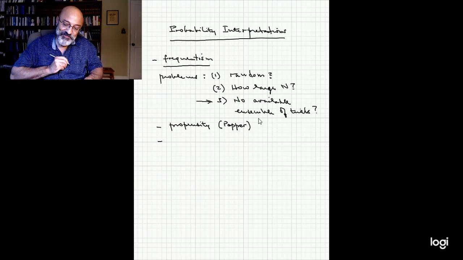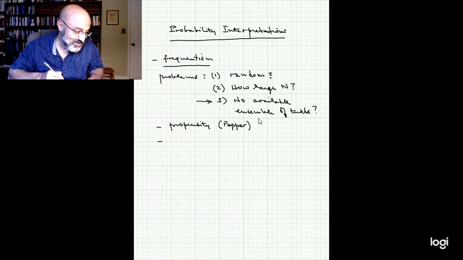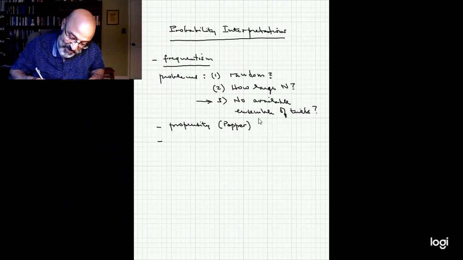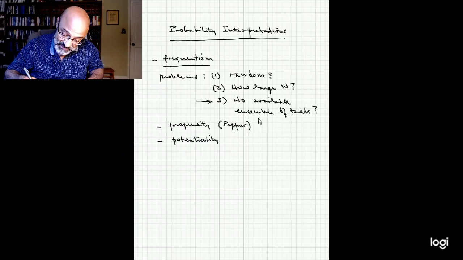Another concept of probability that's particularly interesting too is the idea of a potentiality. I do not know very well what is the difference between a propensity and a potentiality.